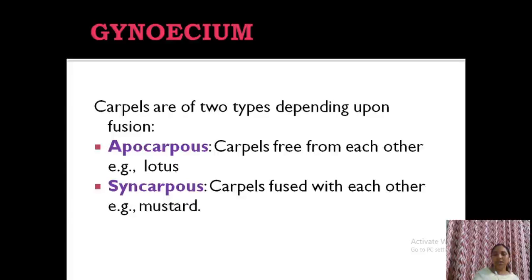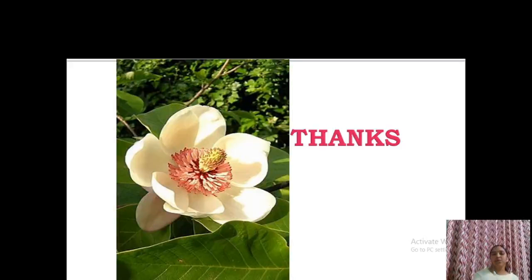Okay. So I think that's all for today. In brief, I can conclude by saying that first we classified flowers based on symmetry: zygomorphic, actinomorphic, asymmetrical. Clear? Then we moved on to aestivation, the arrangement of sepals and petals in the bud condition: valvate, twisted and imbricate.